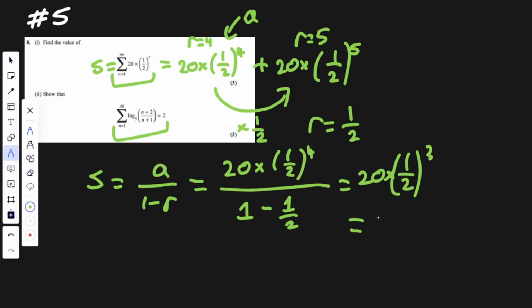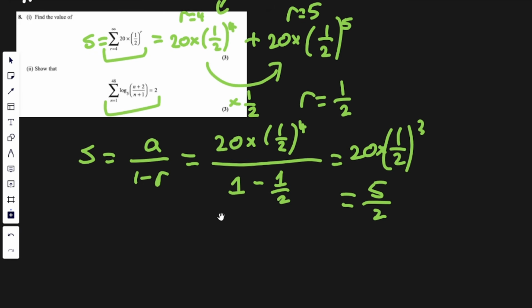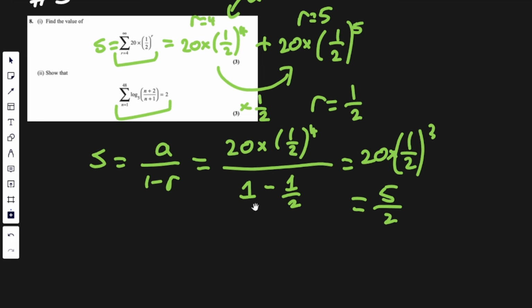And this comes out to be 4 over 8, which is a half, so we're going to get 5 over 2. All I've done there to calculate that, I've done in my head. I've grouped up the powers of 2 in the 20 and cancelled them with the half. But yeah, you can put that in your calculator.